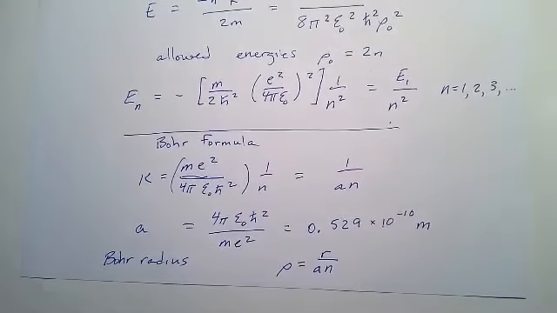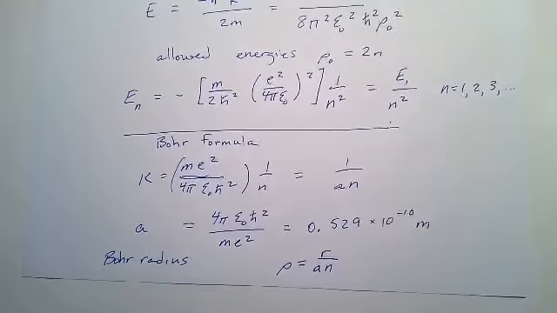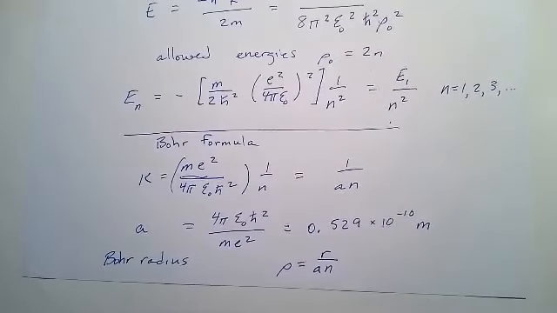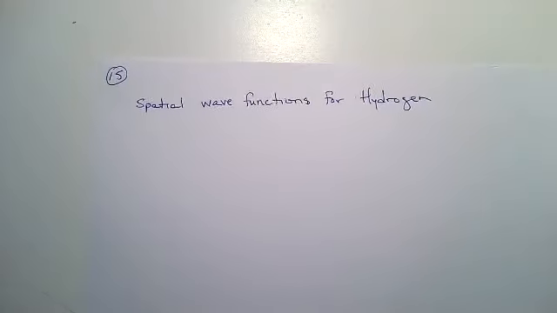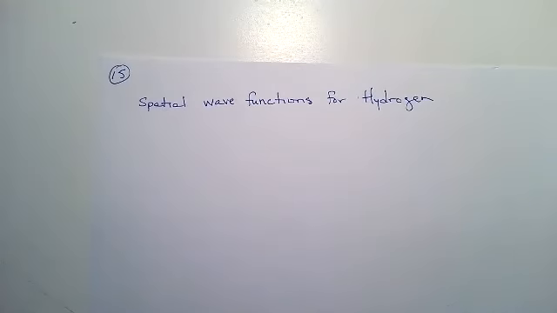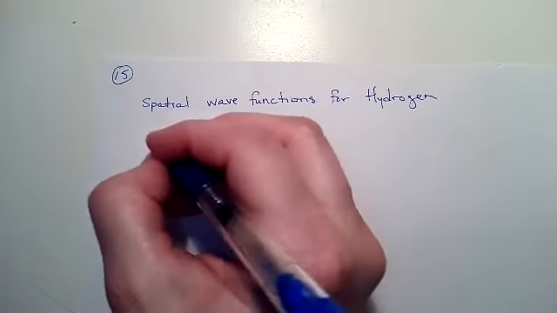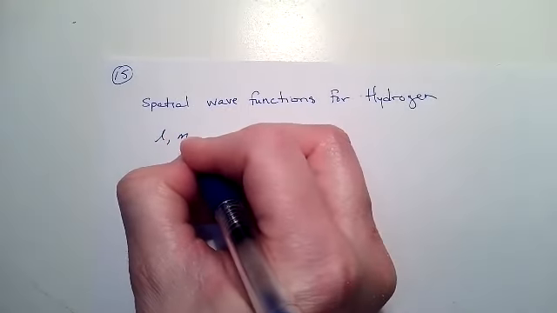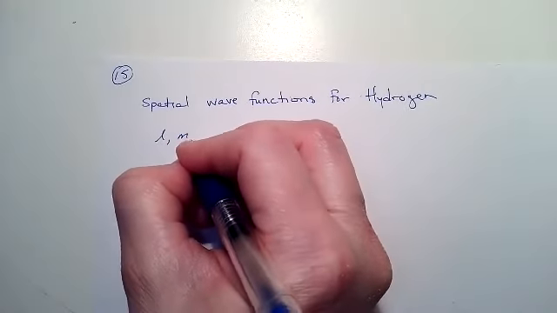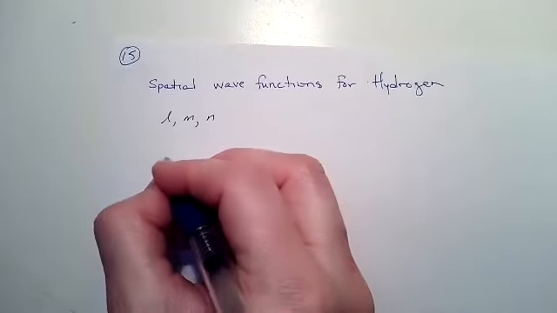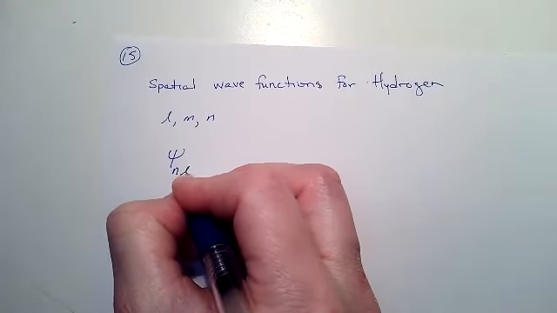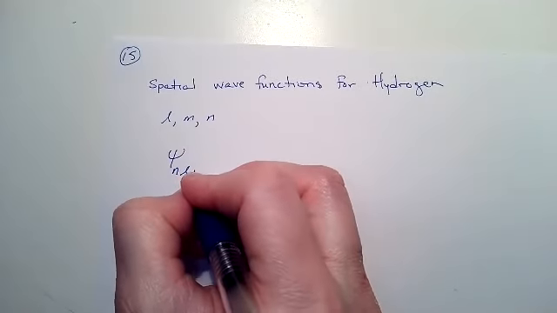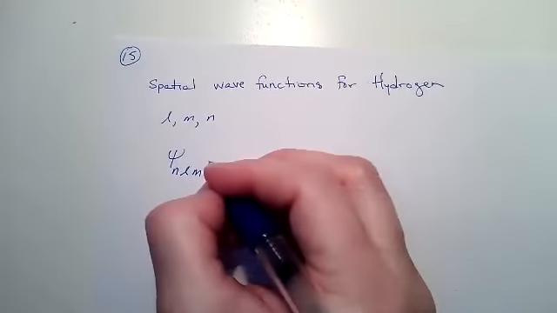Let's write that down. So our spatial wave functions for hydrogen is what we're going to be talking about. These spatial wave functions for hydrogen are labeled by our quantum numbers n, l, and m. So first by our principal quantum number, then by our azimuthal quantum number, and then by our magnetic quantum number.